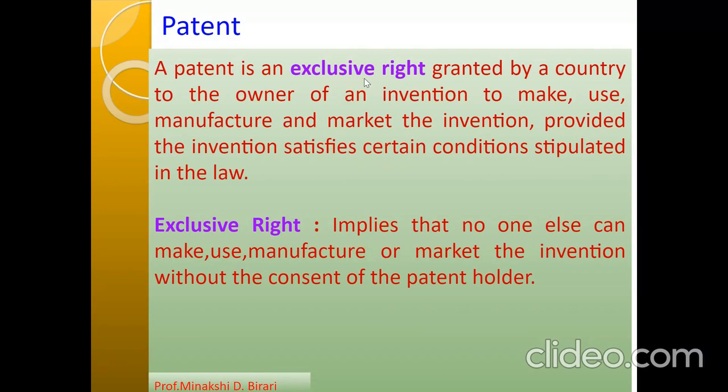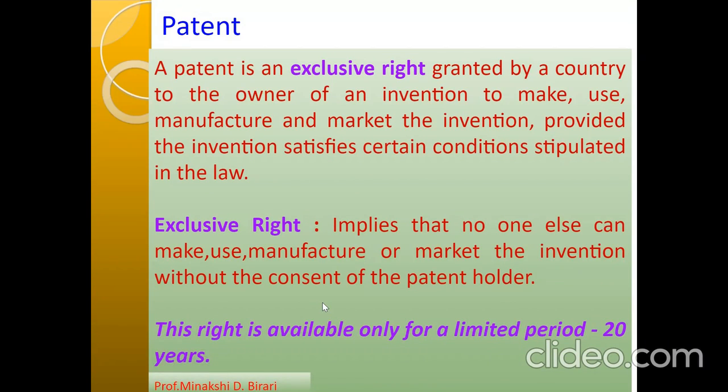A patent is an exclusive right granted by a country to the owner of an invention to make, use, manufacture and market the invention. That means the right is given to applicant or to the inventor to make, use and manufacture and market the invention, and it is granted by a country only to the owner of an invention.